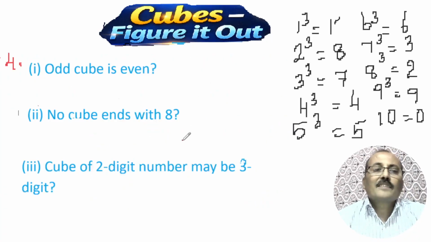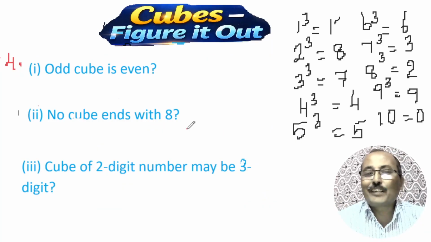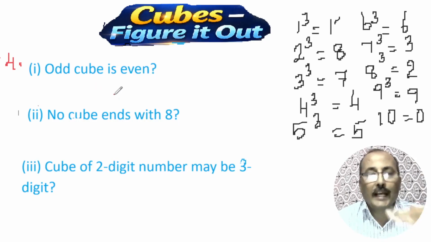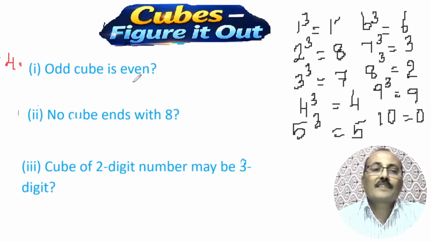Our fourth question is true or false. Always an interesting one is true or false. First one, odd cube is even. Odd numbers: 1 cube, 3 cube, 5 cube, like that 121 cube, 343 cube, any number. They are saying it may be even or always even.